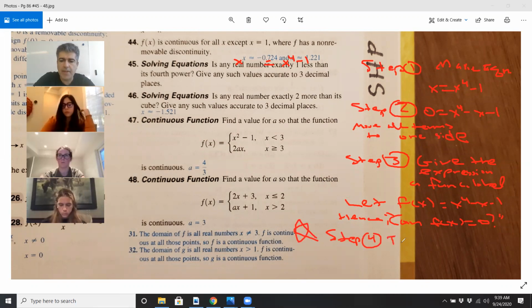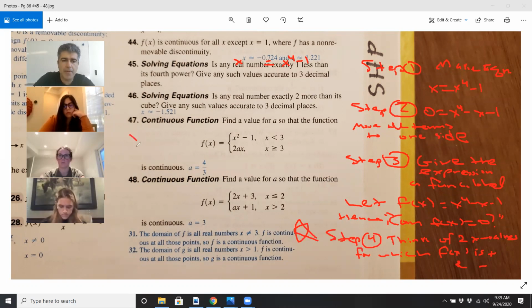Think of 2 x values for which f of x is positive and negative.